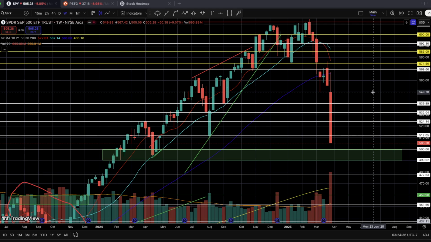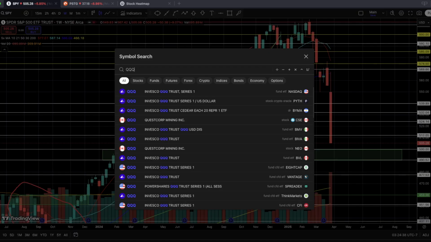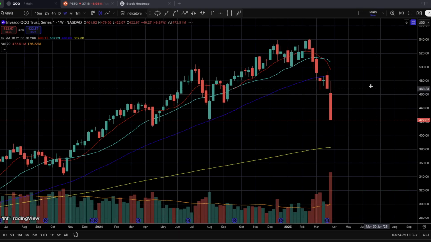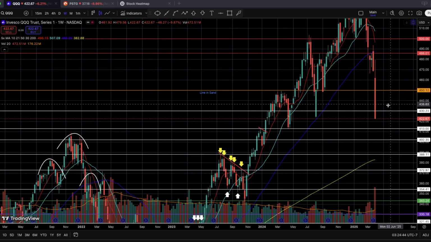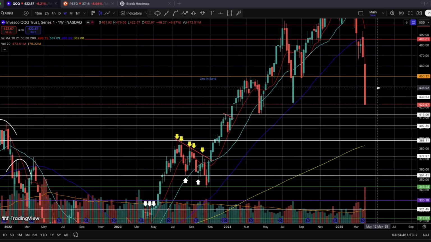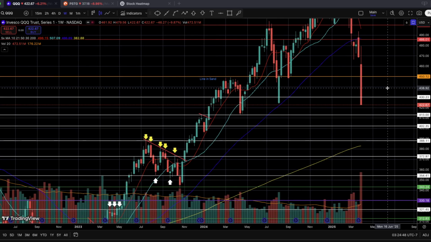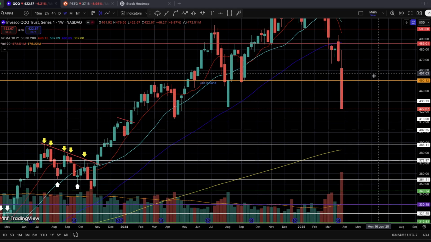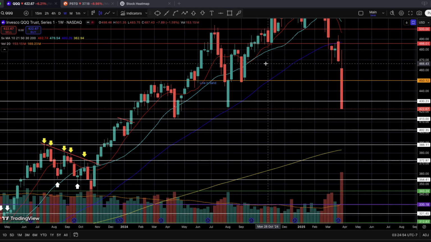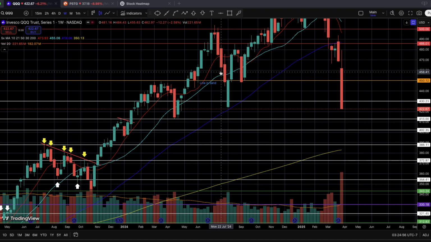Let's take a look at QQQ. So NASDAQ, basically the same story here. Again, there's a lot of lines here, but I'm going to deconstruct where we need to look. Obviously we had this major line in the sand at 450 that I pointed out back in the August move lower.